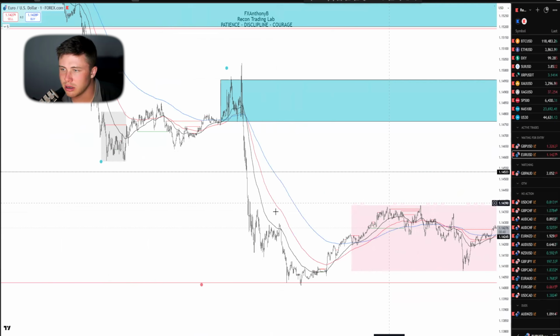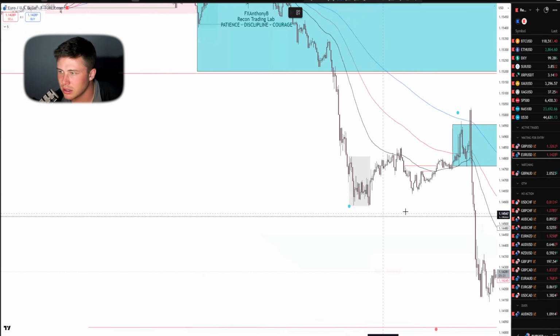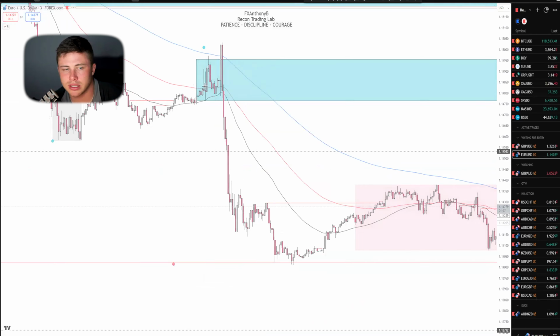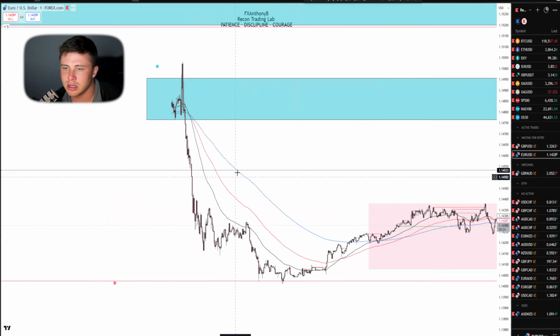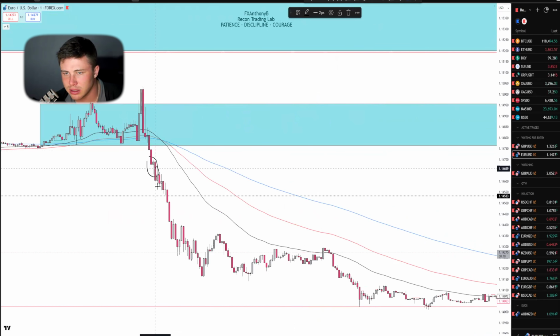Let's see. See, all this has been mitigated. All we know is that we have a target. We have a little bit. Let's go to our 3 minute. Can we see those? Okay, so what I just did here is you see on this huge downward slope, you see these doji candles like this, like this, and like this.